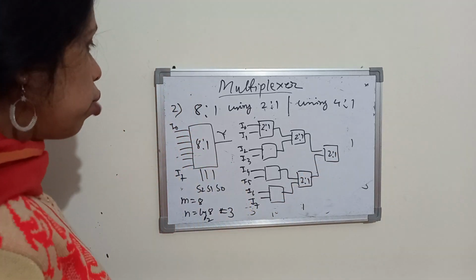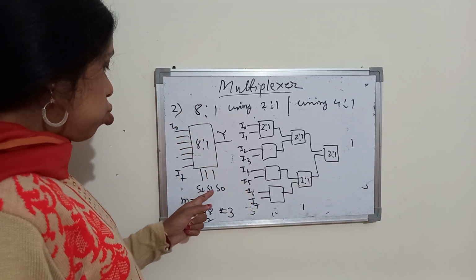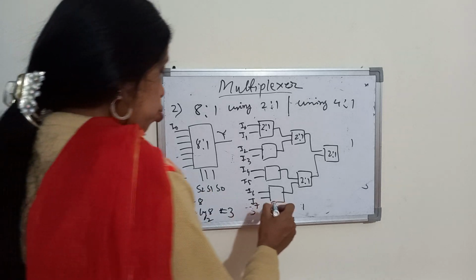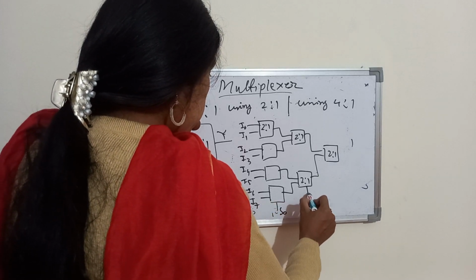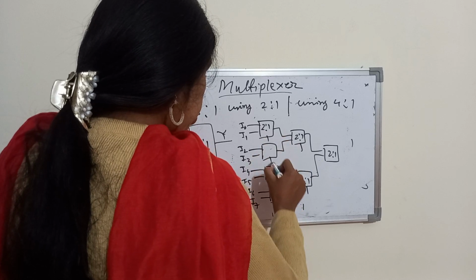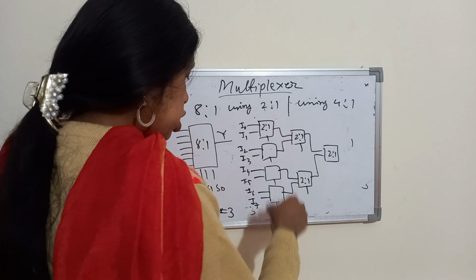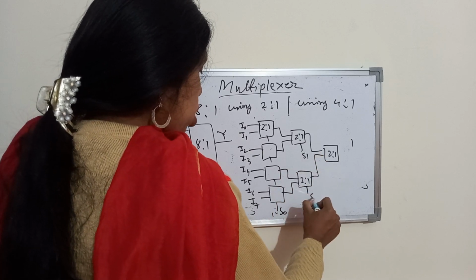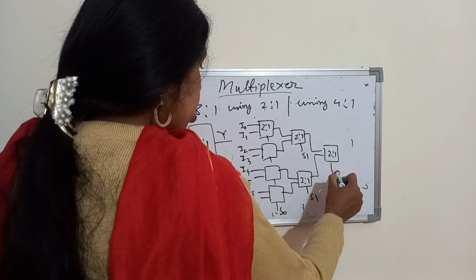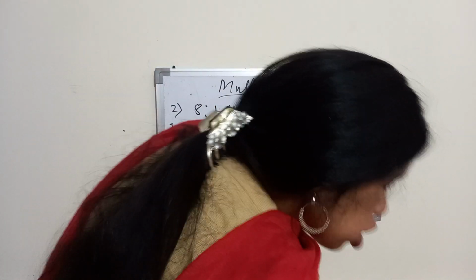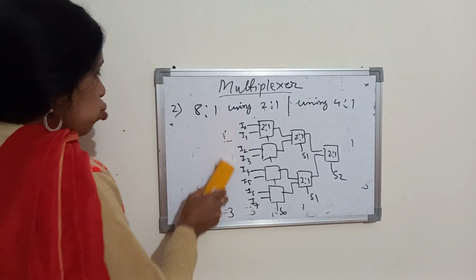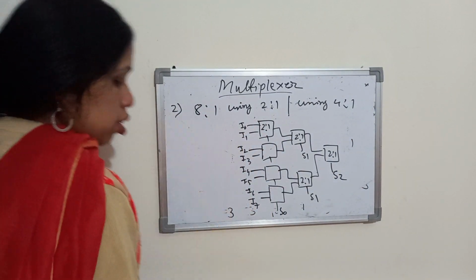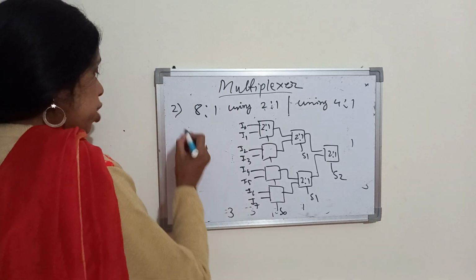Now where will we put S0, S1? Like this we will put. Here this will be S0 in all the multiplexers. The first four multiplexers are all connected to S0. Here all are connected to S1. Here all are connected with S2. First I will write the truth table for the 8:1 multiplexer, so it will be more clear.